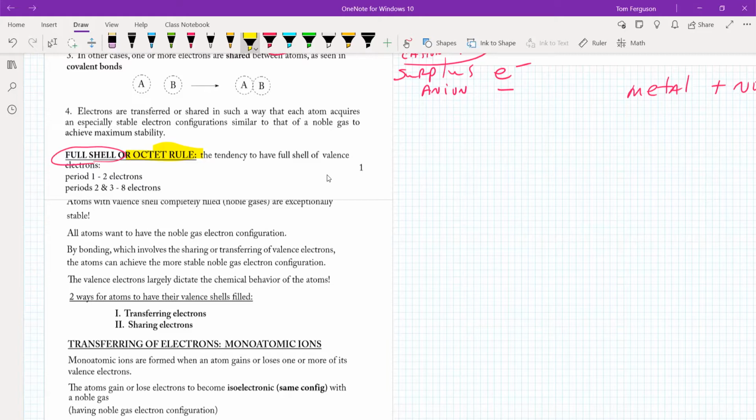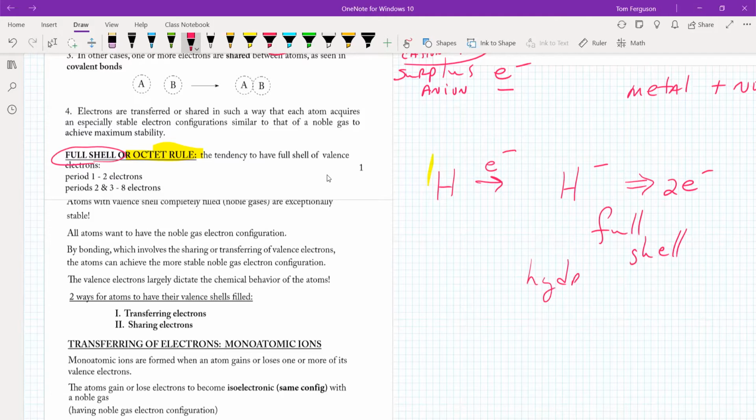So in other words, hydrogen, if it gains 1 electron, it becomes that. That means it has 2 electrons, full shell. H minus is called hydride ion.